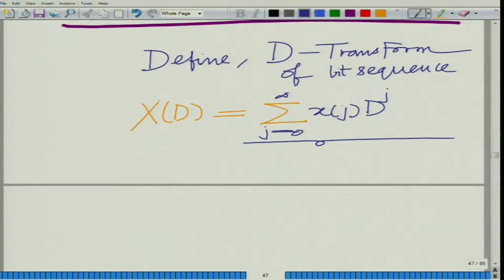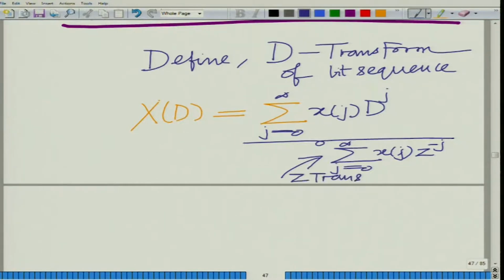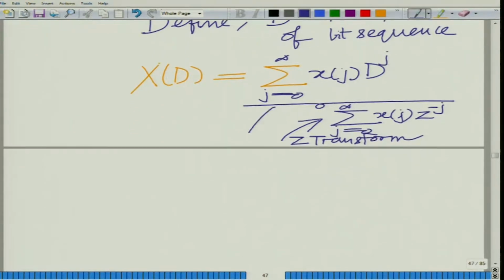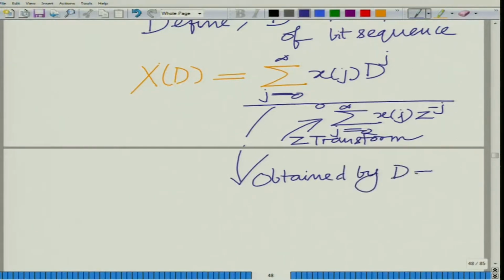Now, observe that this is similar to the z transform. Remember, the z transform is the sum over j equal to 0 to infinity of x of j z to the power of minus j. This is your z transform, but this is not the z transform, this is the D transform, and this D transform is simply obtained by setting D equal to z inverse.